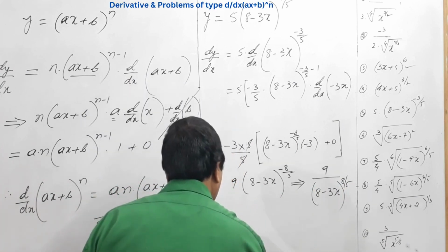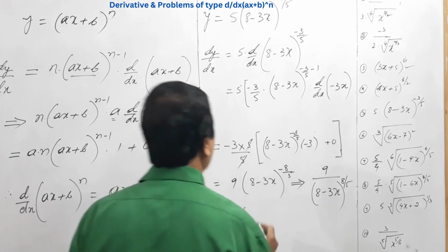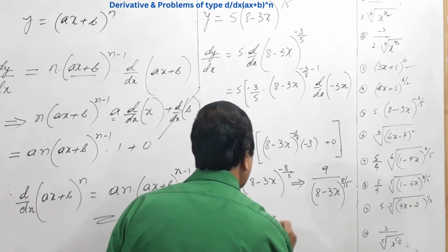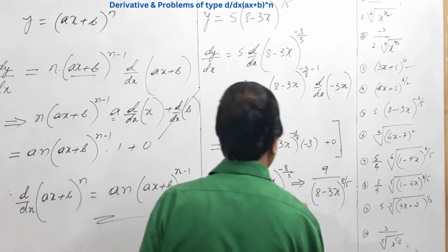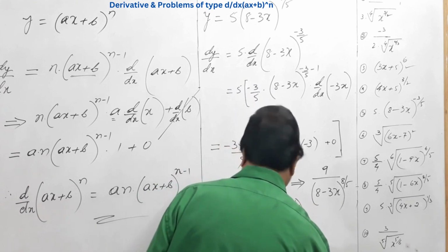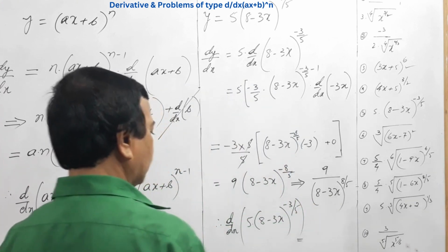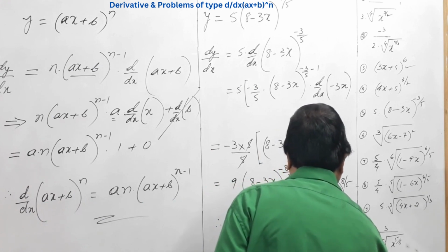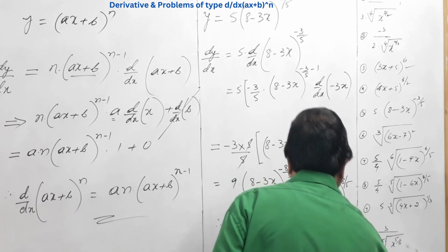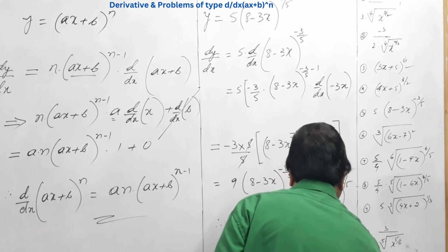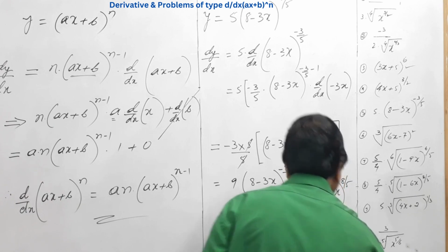Therefore d by dx of 5 into 8 minus 3x to the power of minus 3 by 5 equals to what? Equals to 9 by, so 5th root of 8 minus 3x.